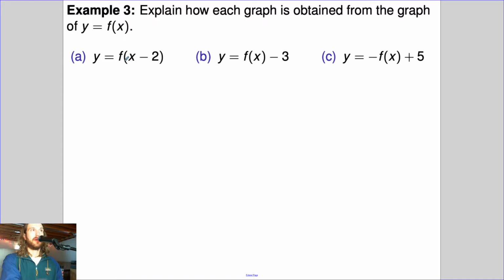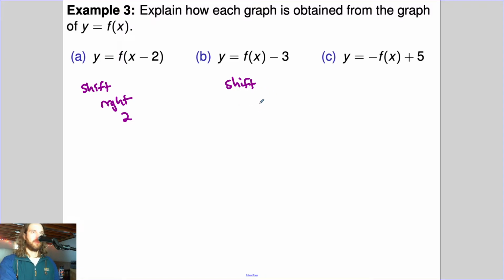This is really easy. f of x minus 2 means a shift to the right 2 units. What about this one? This is on the inside, so it's left, right. This is on the outside, so it's a shift up. Nope. Take that back.